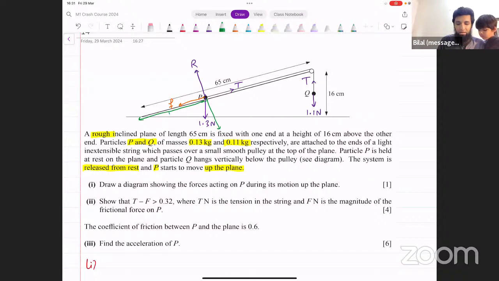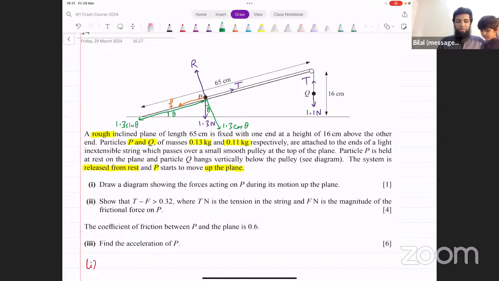Now, if the angle of the plane was theta, then one component would be 1.3 into cos theta, because this angle would also be theta. And the other one would be 1.3 sine theta. All right.